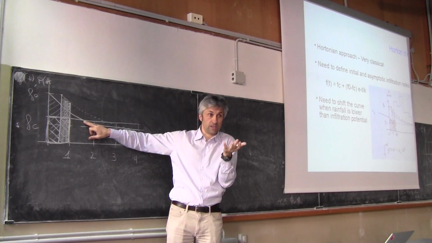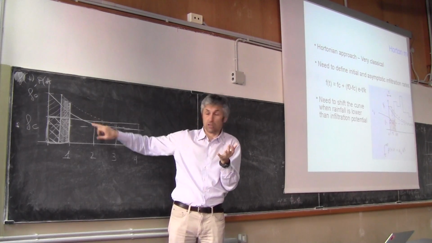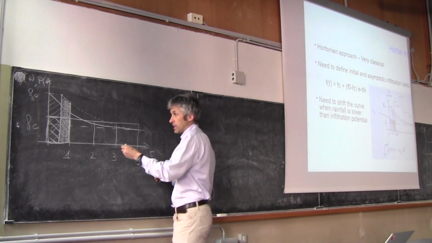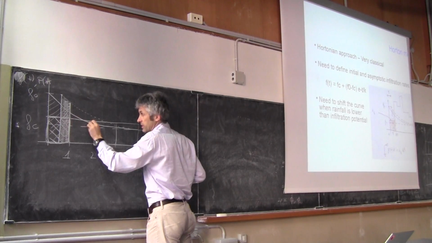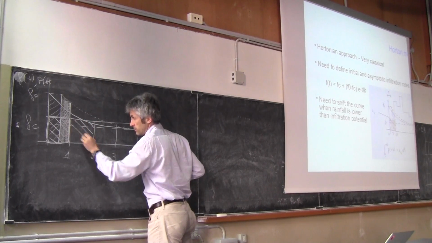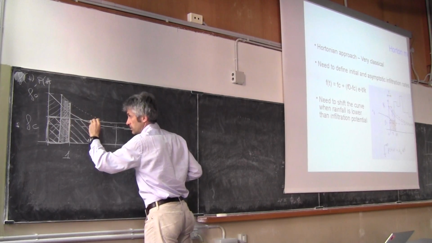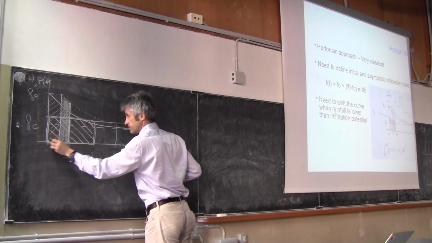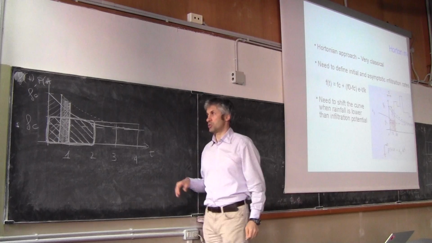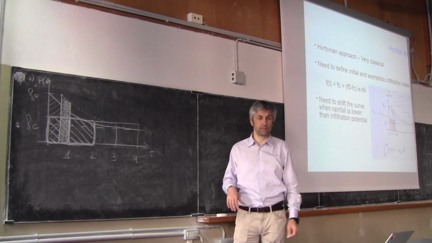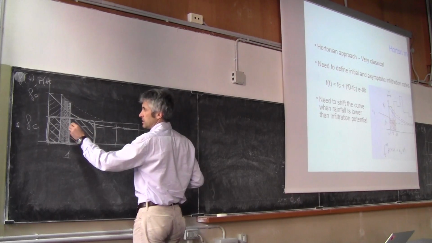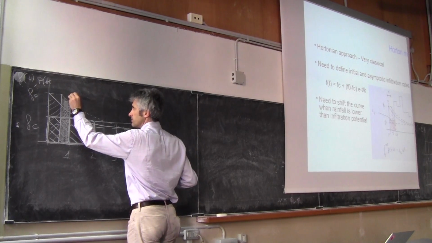Actually, this is not the case because I shifted the curve. So I can repeat the same reasoning. At the end of the second hour, I have my infiltration, which is given by this rectangle here. This is my infiltration. And then what I'm expected to do is to move again the curve, for instance here.